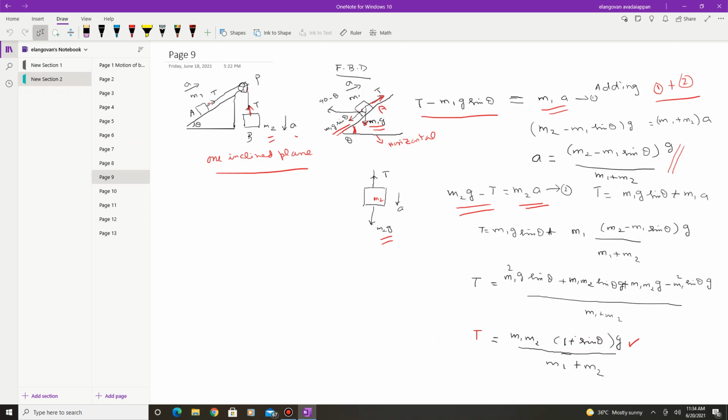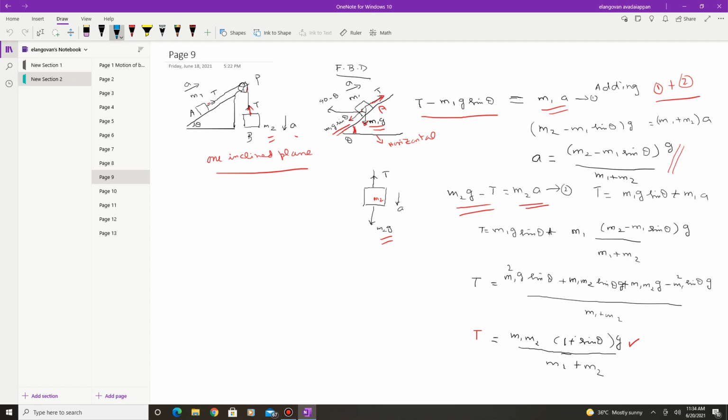Now let us discuss an inclined plane. One side is inclined, one is the base, and another is a vertical plane. A block of mass m1 is connected to a block of mass m2 through a pulley; A lies on the inclined plane, and the other block is hung vertically on the other side.